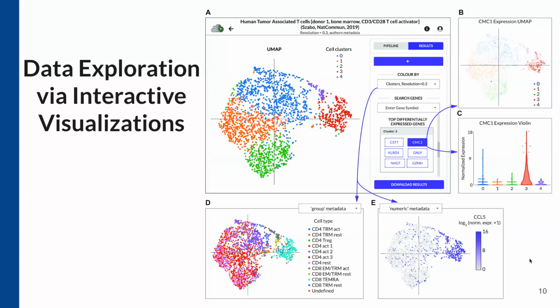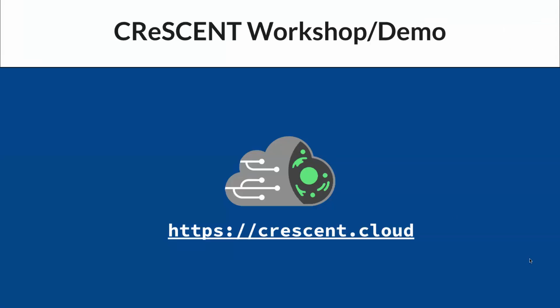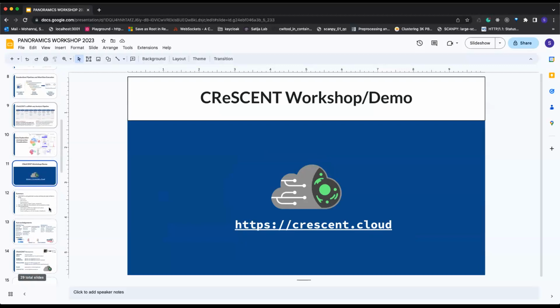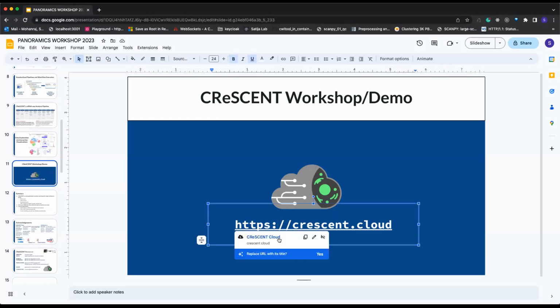And we can look at other types of numeric metadata as well. So if you brought in numeric metadata, let's say mitochondrial counts or something like that, then that can be visualized as well.